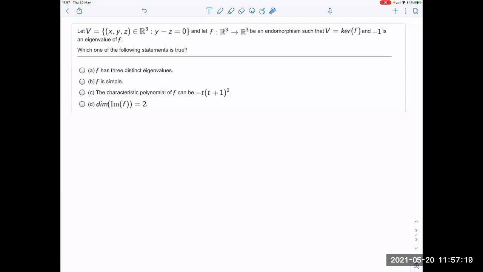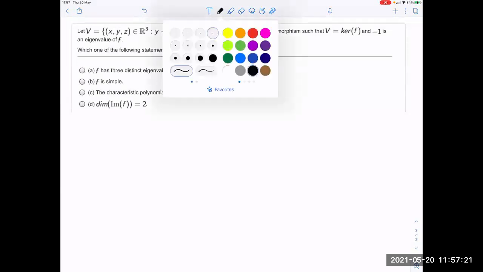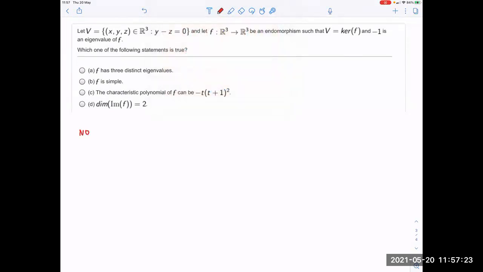So let's make a note, not related to this multiple choice, but in general. If the kernel of f is different from 0, the 0 space, this is equivalent to saying that lambda equals 0 is an eigenvalue.